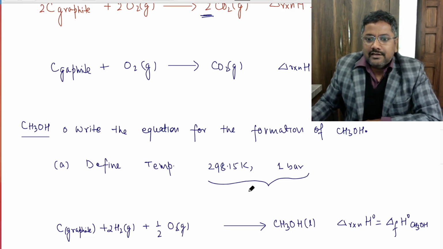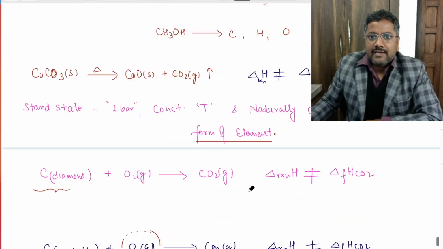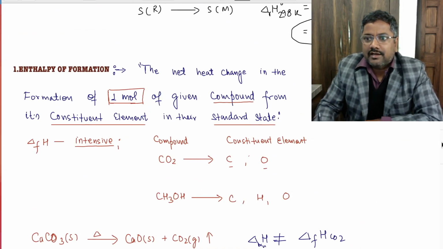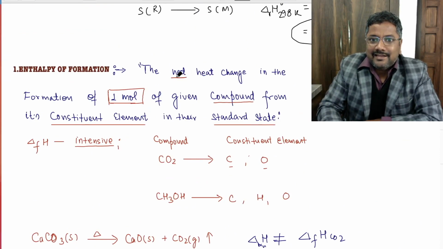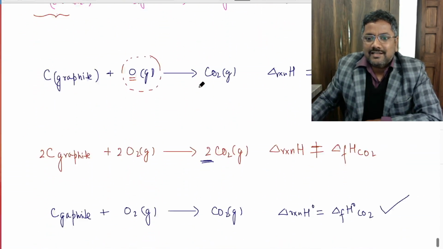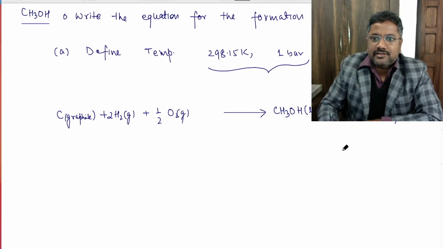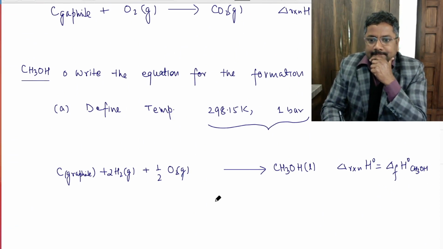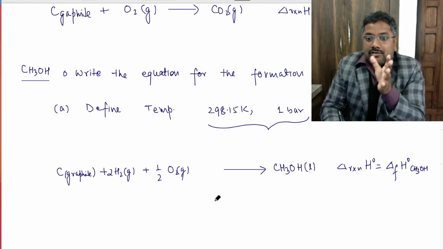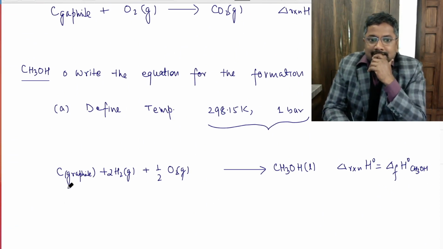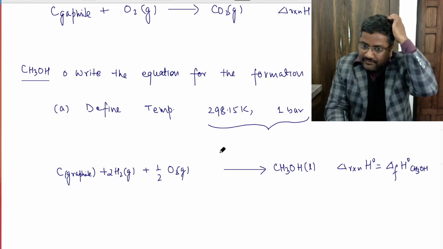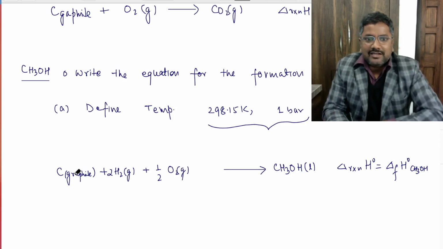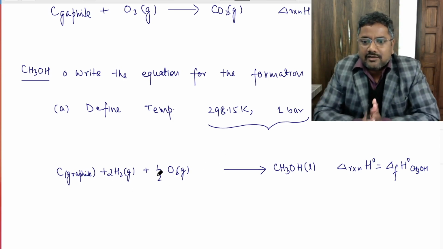So now see what is happening inside this. One more technical word I have used here: net heat change. If you examine this whole reaction carefully, and this kind of thinking is required to understand a chemical reaction: at 298.15 Kelvin, which is normal room temperature, is it possible that this carbon graphite will react with hydrogen and oxygen at room temperature?